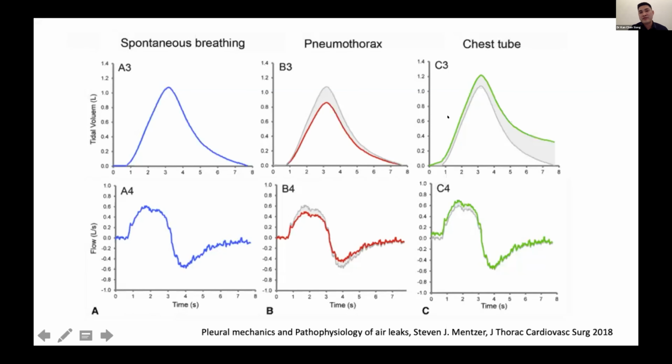However, with treatment by chest tube, your tidal volume seems to go back to normal. In fact, because of the active air leak, usually the tidal volume will not reach the baseline here. The same happens to the airflow, though there is not really much difference in terms of airflow. So basically, this diagram shows that with the insertion of a chest tube, you actually bring the pleural mechanics back to the normal pattern.